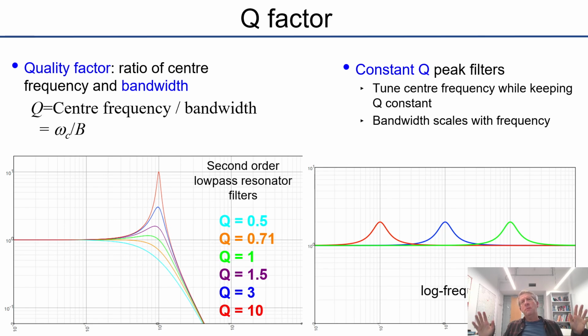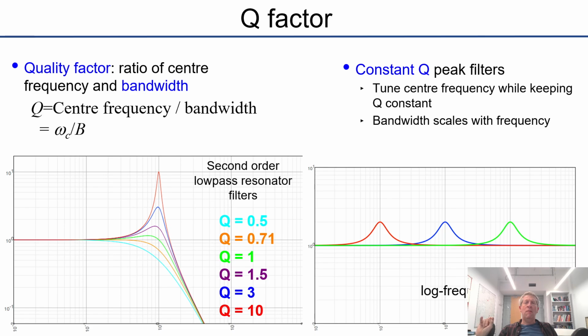High quality means sharper filter, low quality means more spread, and one can talk about constant Q filters where it has the same sort of behavior, whether low frequencies or high frequencies, but because so many things are on a logarithmic scale, it needs to sort of adjust what it's doing as you go from low to high frequencies. And constant Q does that.